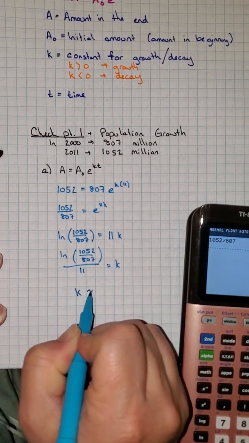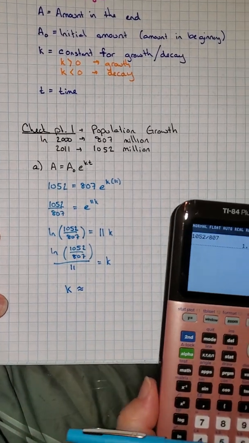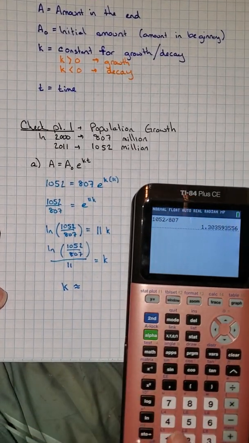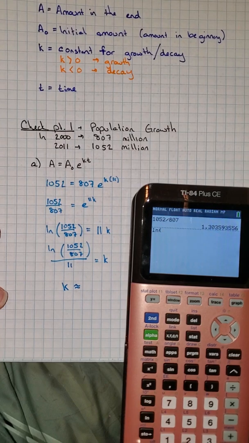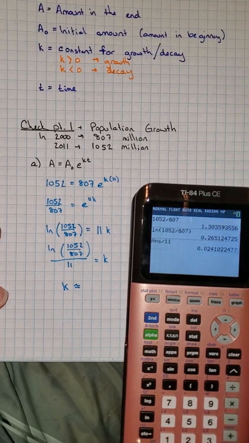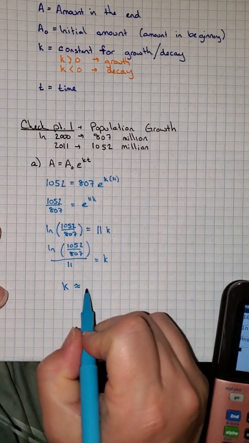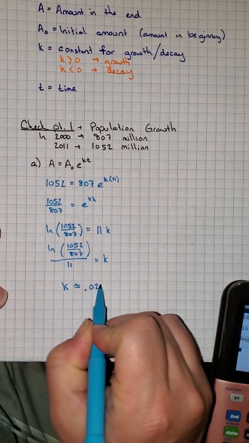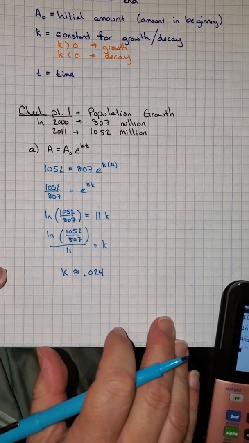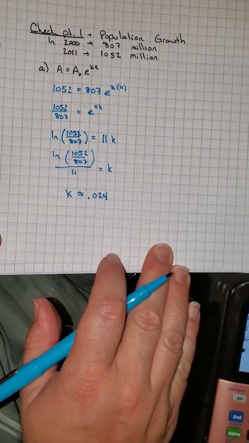Now I'm going to approximate k. So k is approximately, let's see, natural log of 1052 divided by 807, and then divide that answer by 11. So k is about 0.024. Okay, but that's not our answer. We're actually looking for the model.